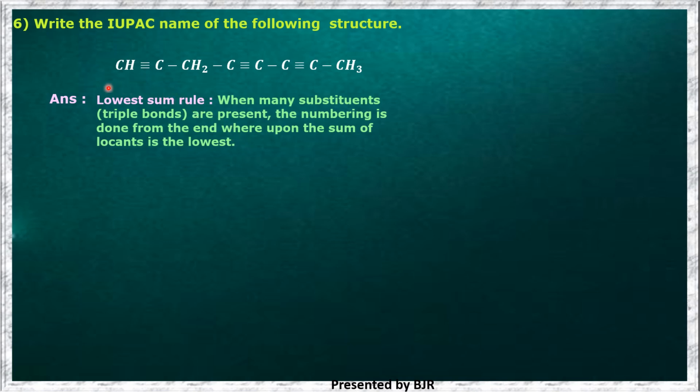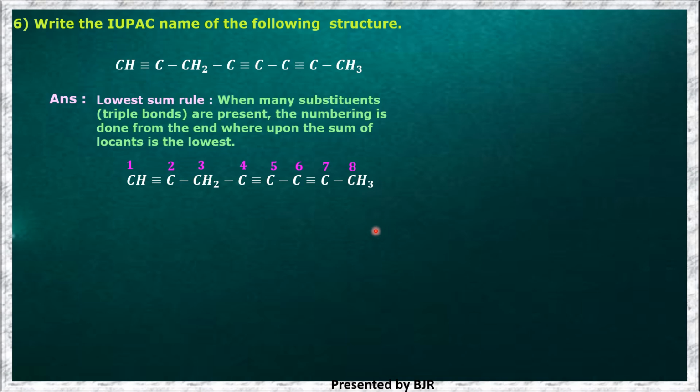And in the given structure, 3 triple bonds are there. We have to give the numbering to the carbon atoms containing the triple bond in such a way that the sum of locants should be least. So let us check. This is the given structure. Now I am giving the numbering from left to right.